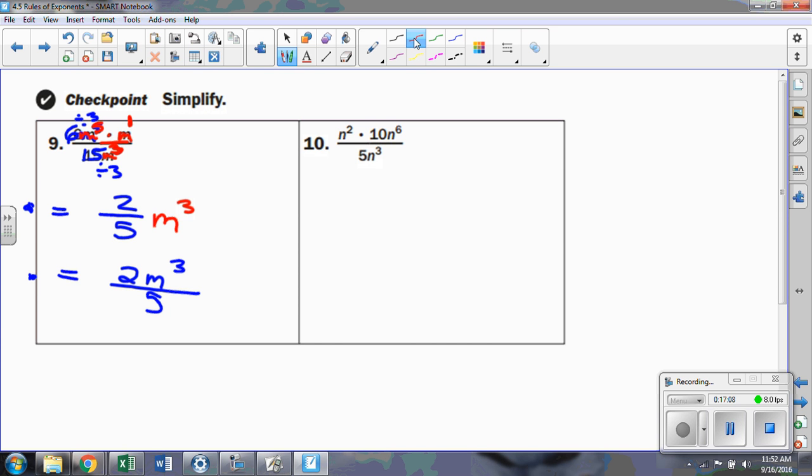Okay, looking at number 10. 10 over 5. 10 divided by 5 equals 2. Taking the variable portion, n squared times n to the 6th divided by n cubed.